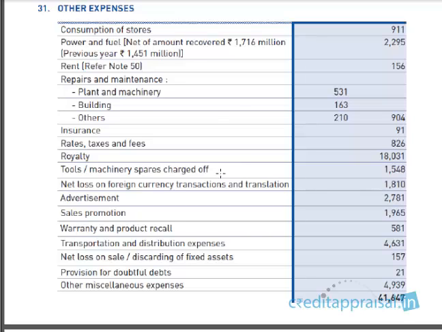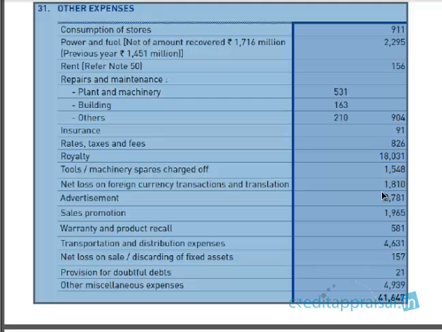Whether you place it under stores and spares or other direct expenses, it is a direct expense. That's not a problem. But to get a correct formula for the stores and spares holding level, let us place this 154.8 crores under the direct expense instead of stores and spares.